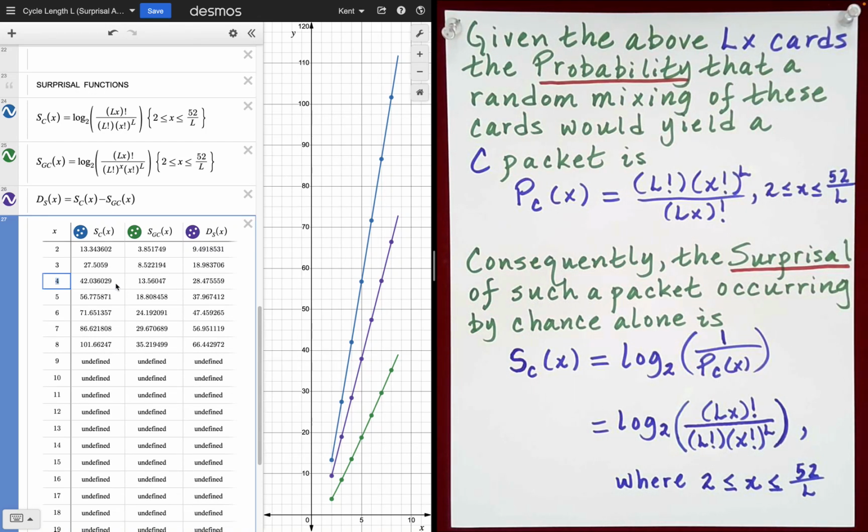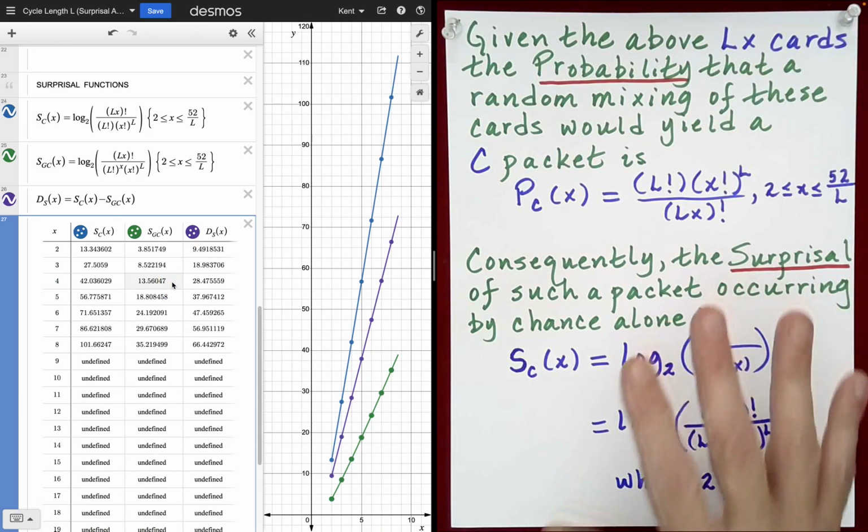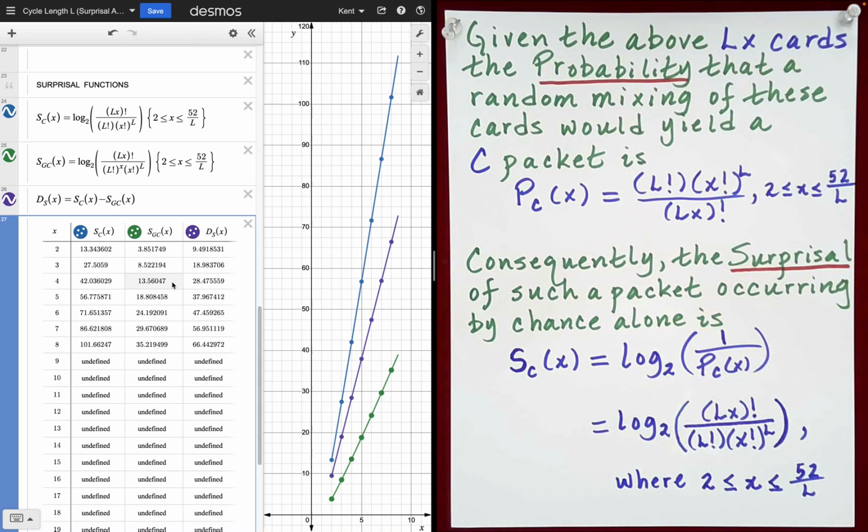So if we come over here, we can see what the Surprisal value is for this Gilbreath performance that we've just completed. It's 13.56 bits of Surprisal. So we'll round it down to 13. That's fine. Do you remember the interpretation of Surprisal values in the context of ordinary coin tosses?